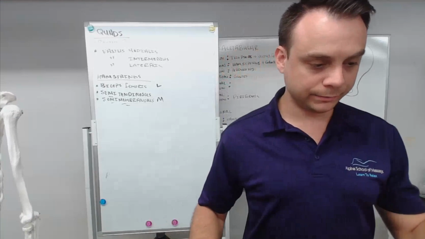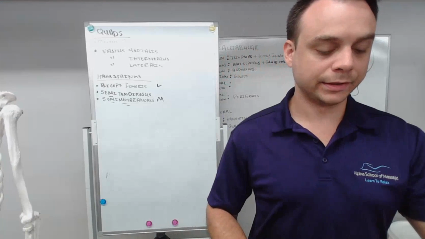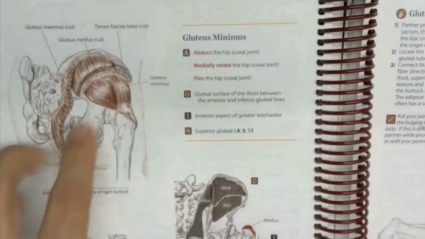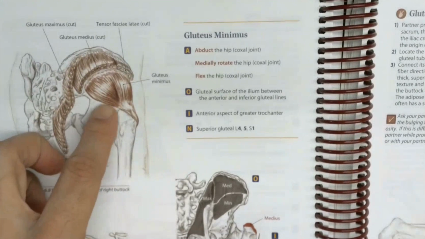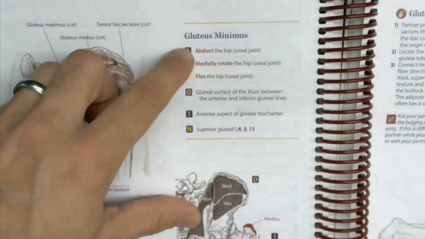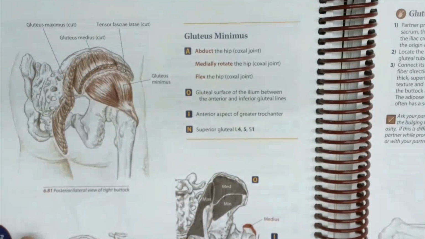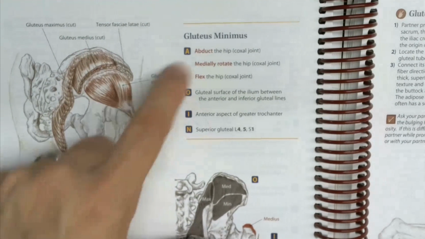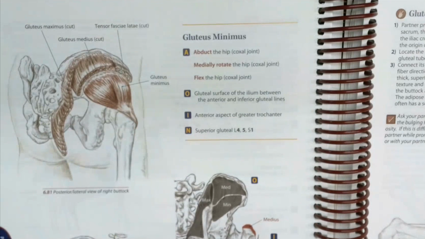And then gluteus minimus is actually deeper underneath gluteus medius and will abduct, as we saw for the common action of all of the gluteal muscles, which is abduction of the thigh, as we like to say, as primary abductors, medial rotation, and flexion of the hip.